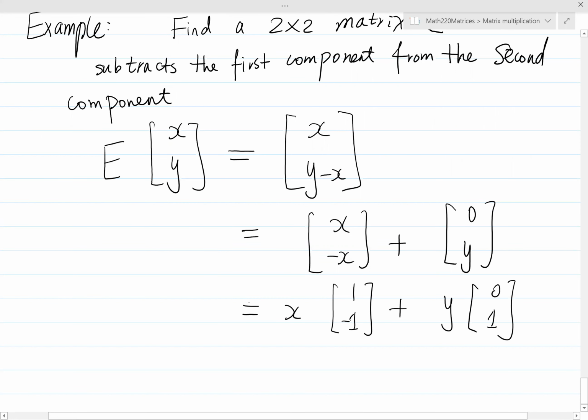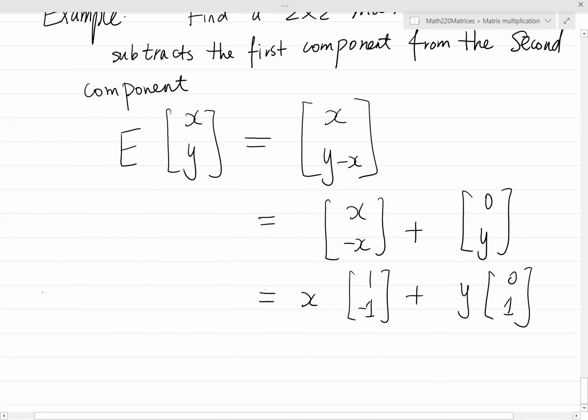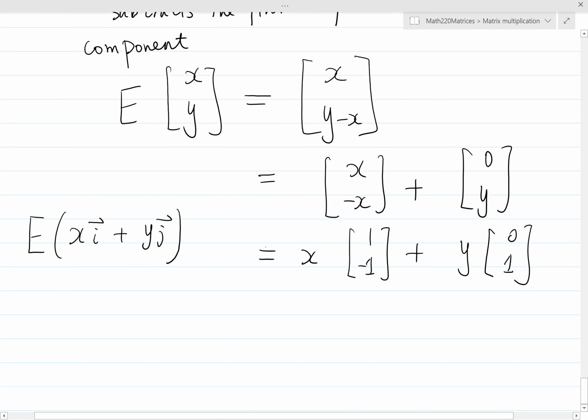Remember, this is E of xi plus yj. Remember, x and y are numbers. They are fixed. So this is x times E of i, and y times E of j. You see, x corresponds to x, y corresponds to y.